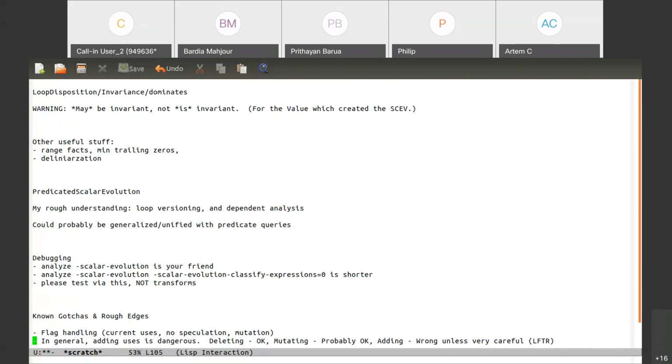The other infrastructure that SCEV provides that's useful to know about is you can ask properties of the symbolic expression, which is a SCEV, very much analogous to known bits and to range information. That can sometimes be useful for implementing an instcombine-like transform over SCEV.